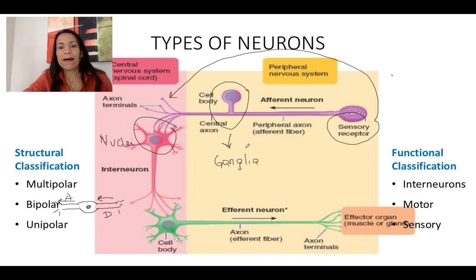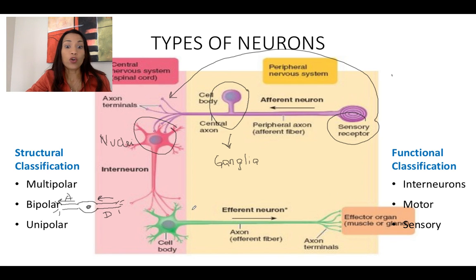Okay, so those are the sensory neurons. This unipolar neuron is unipolar according to the structural classification, but is also sensory according to the functional classification. Bipolar neurons are also sensory neurons.